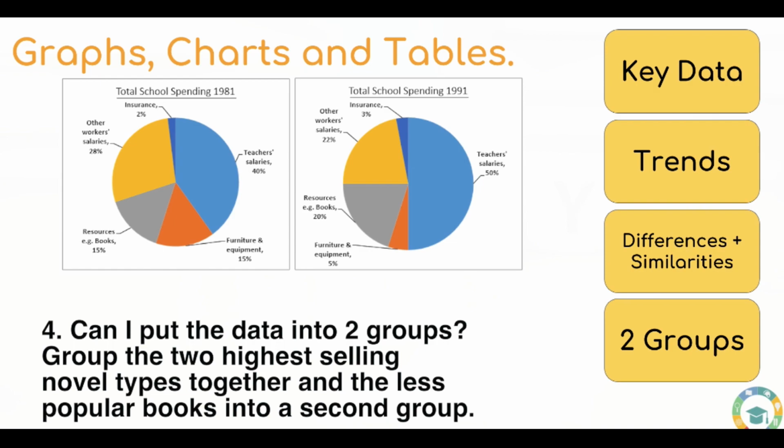Well, this is quite easy for the visual information we have. It would make perfect sense to group between the 2 years of 1981 and 1991. And again, this will help you to structure your answer and have 2 paragraphs where you give lots of information. I'll tell you more about this later in the course.